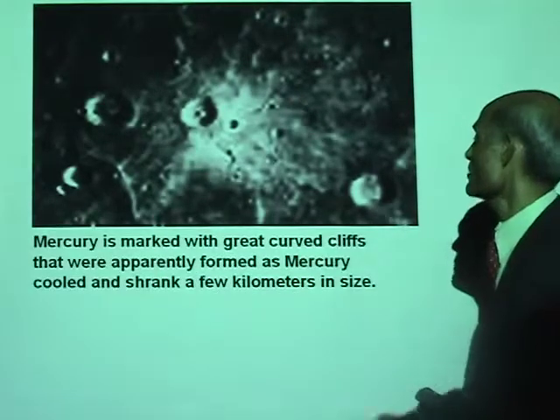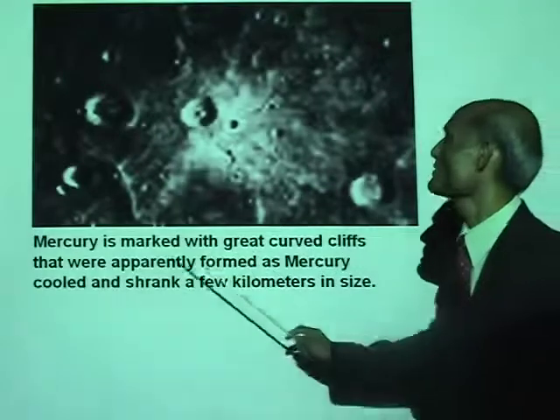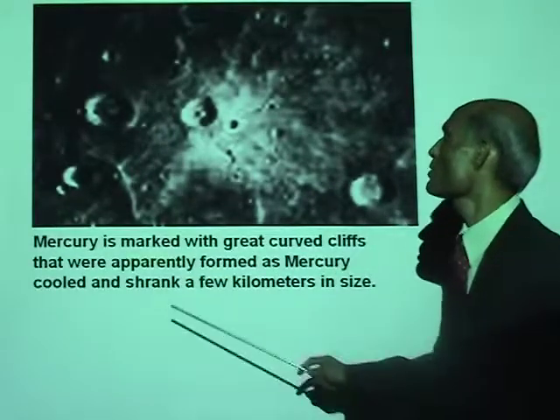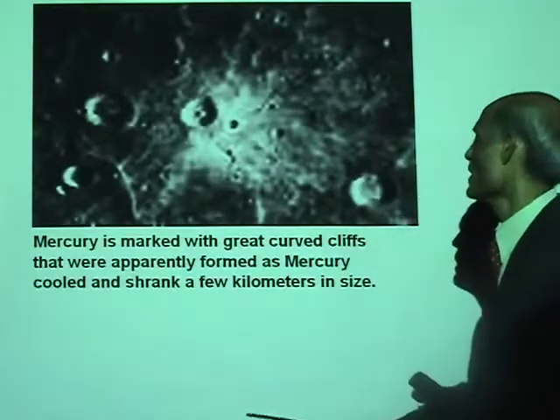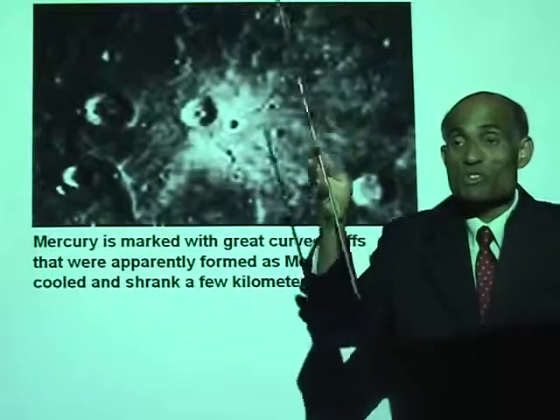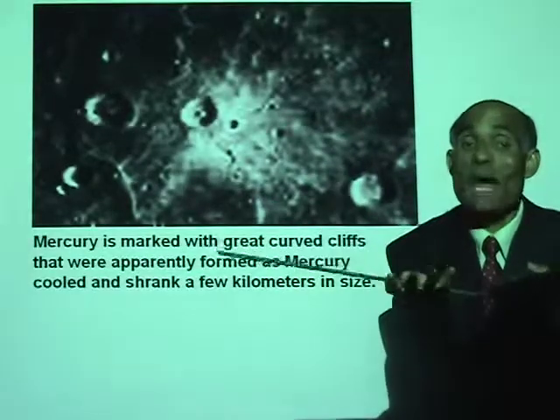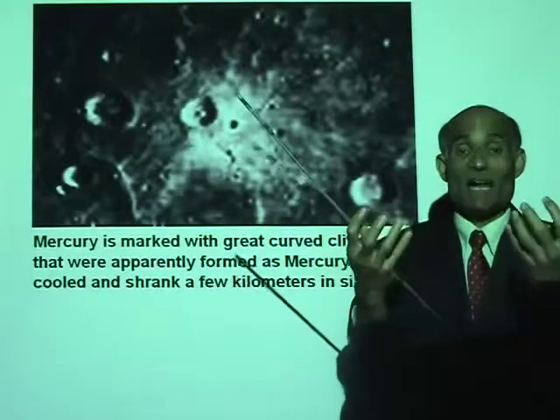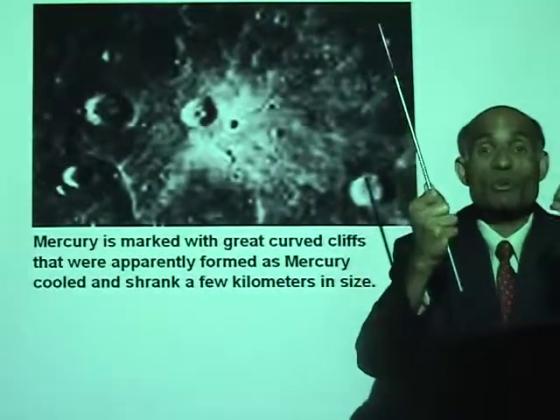Well, I have a picture of some part of Mercury. Mercury is marked with great curved cliffs that were apparently formed as Mercury cooled and shrank a few kilometers in size. In the initial stages, Mercury and all planets were actually molten rock. And as it cools, it begins to shrink.